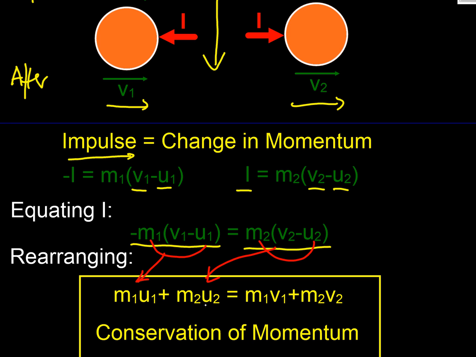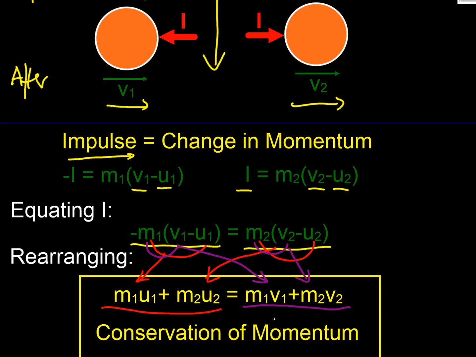So what I've got on the left hand side is the momentum before. If I then look for the momentums afterwards, I've got an m1v1. It's negative on this side, so when I move it to the other side it's positive. And I've got an m2v2 there, which is the momentum of the right hand ball afterwards.